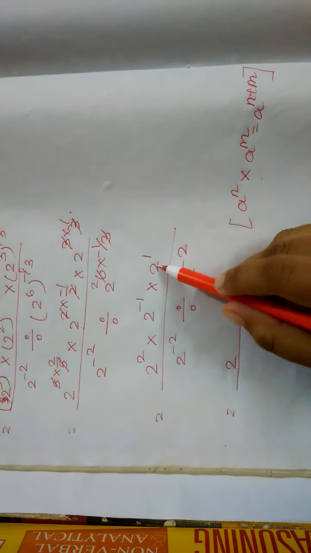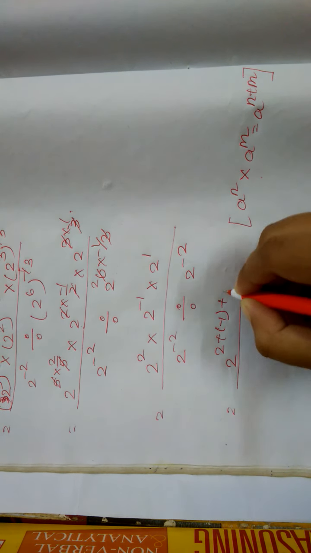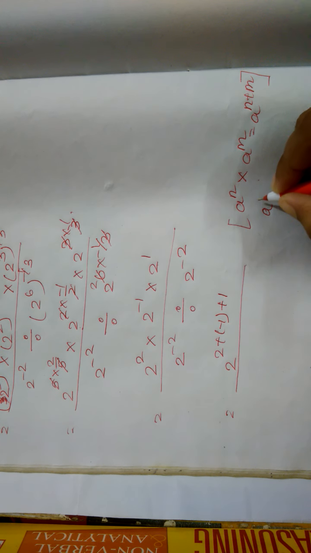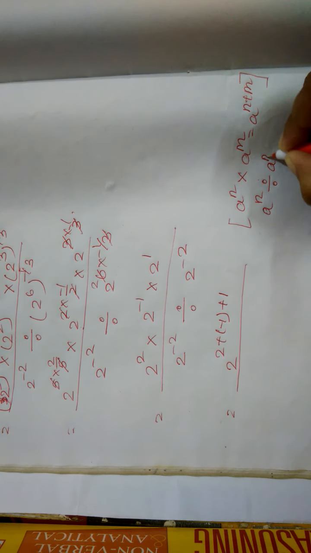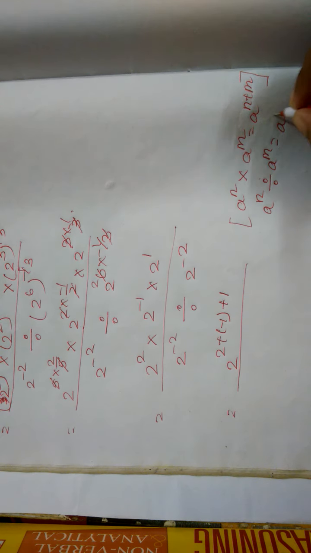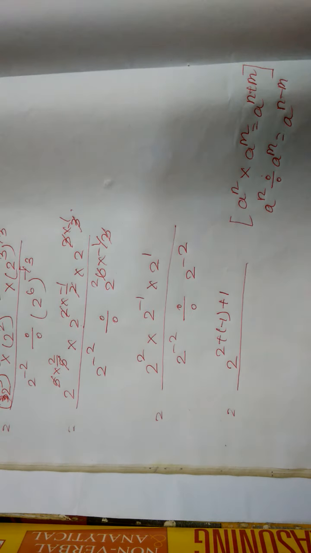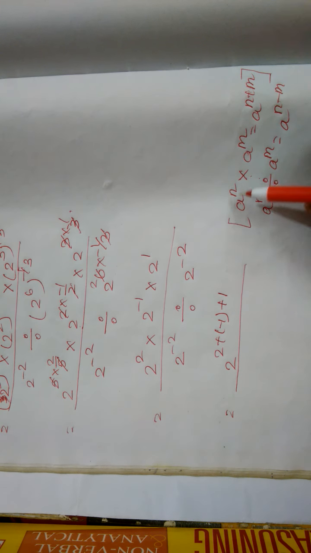Since the bases are the same, 2 plus minus 1 plus 1, and if a to the power n divided by a to the power m is given, then this simply implies that a to the power n minus m. So multiplication means addition of the powers of common bases, and division means subtraction of the powers of the same bases.